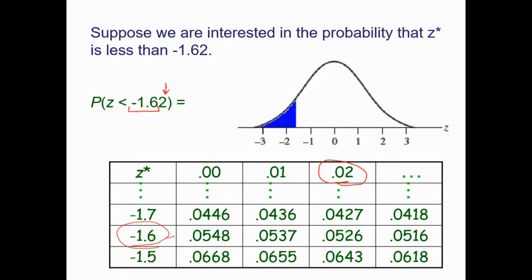I'm just going to go until my fingers meet. You can't do this and draw at the same time, but boom. They would meet right there. That means my value is 0.0526.